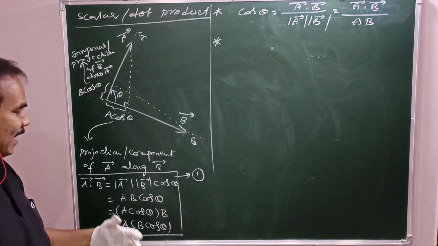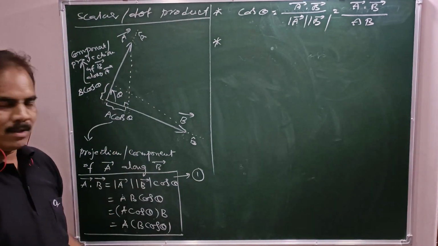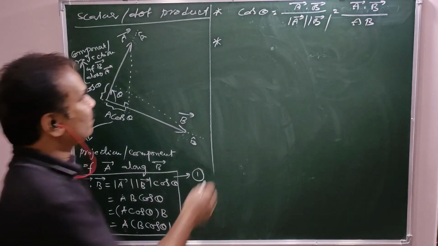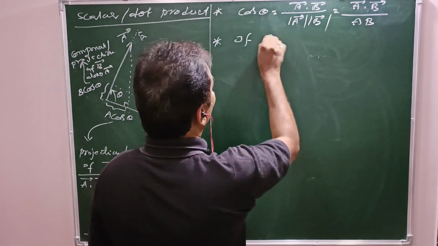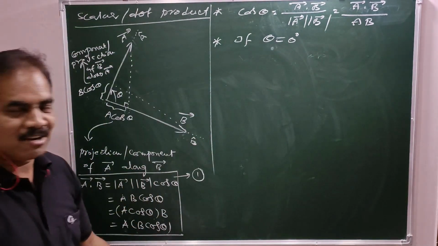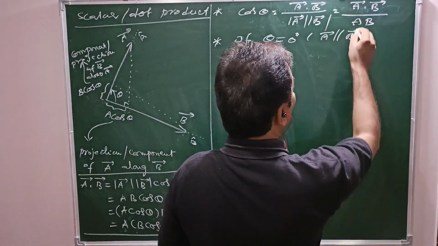Now, see, for a given pair of vectors, if you change theta between them, that is the angle between them, you can have different results for the dot product. Suppose theta equal to 0 degrees. If theta is 0, it means A bar and B bar are parallel to each other, that is A bar parallel to B bar.